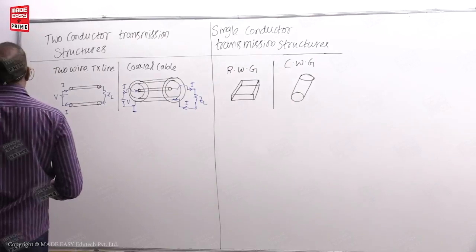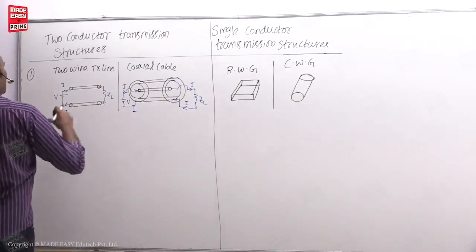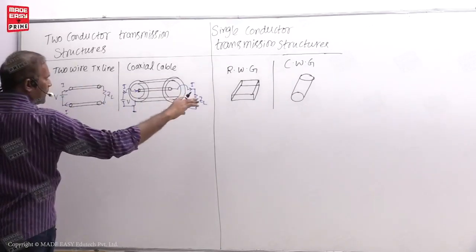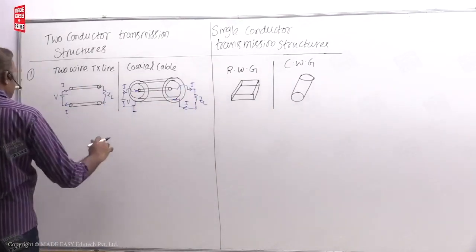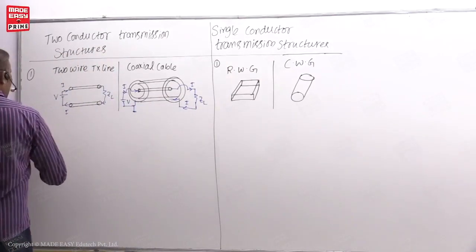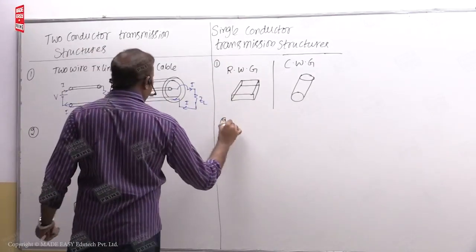Okay, these are the 2 conductor transmission structures. These are the single conductor transmission structures. This is point number 1. So here point number 2 I will write here.